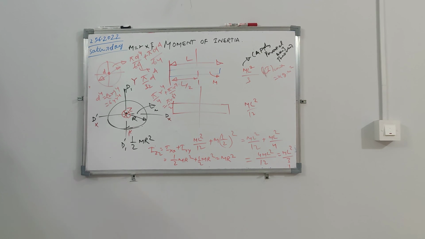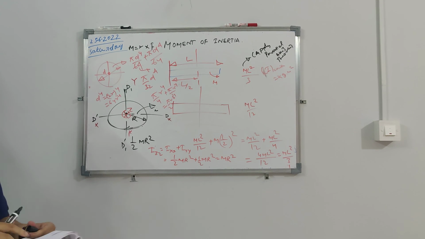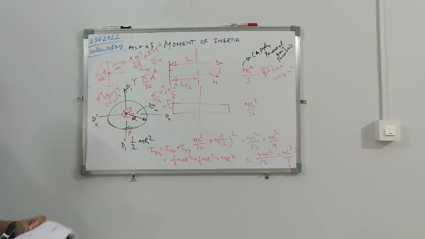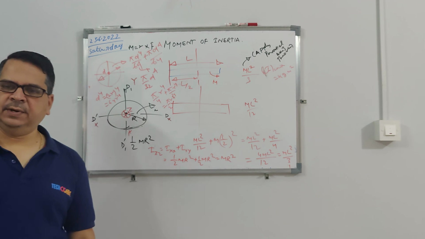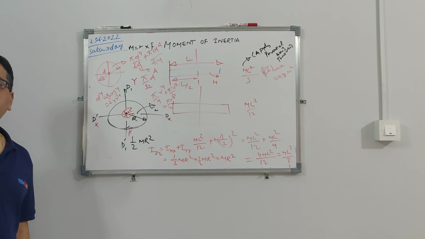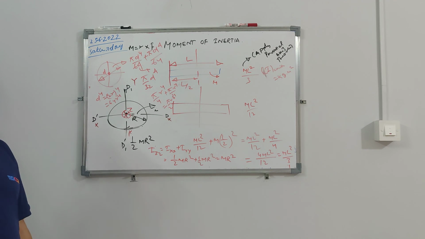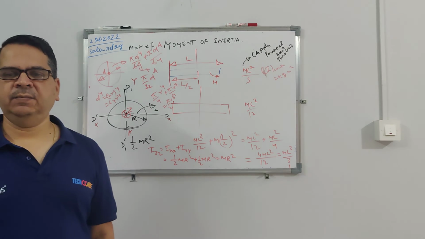So this is about the moment of inertia. Now we have covered center of gravity, moment of inertia, circular motion, and there is something called a rigid body. A rigid body is a body where there won't be any deformation.